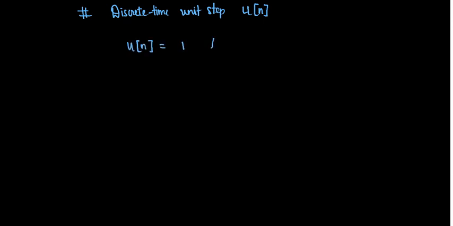Now test signals in discrete time. I'll define the discrete time unit step as u of n. This is a very simple signal and doesn't have any ambiguity. It is 1 for n greater than or equal to 0, and 0 otherwise. Something like this.